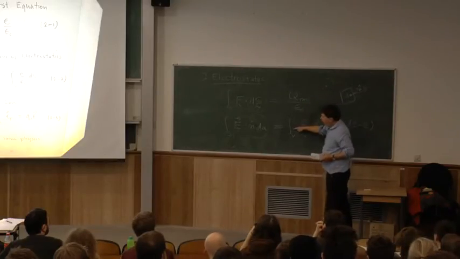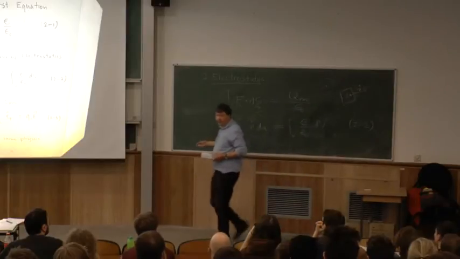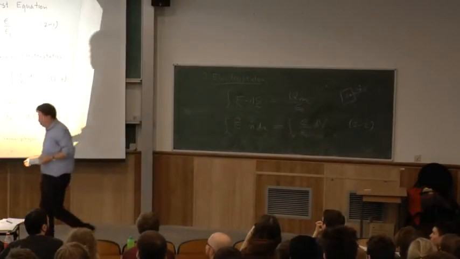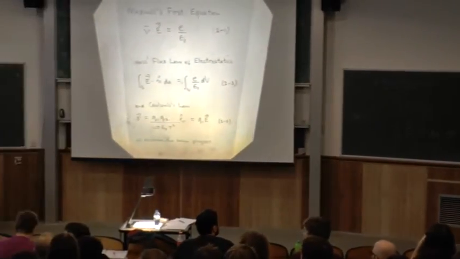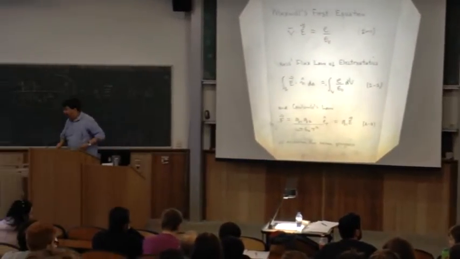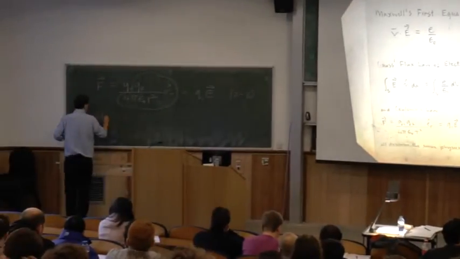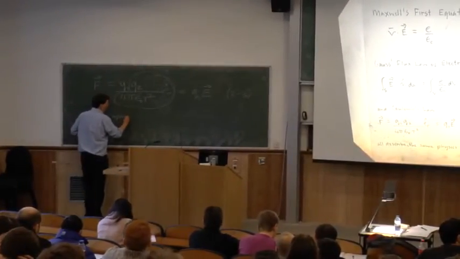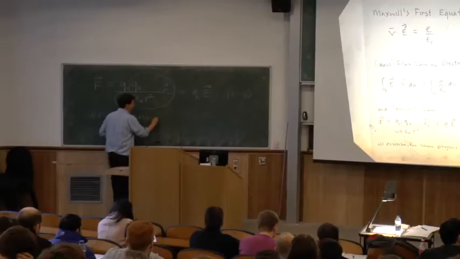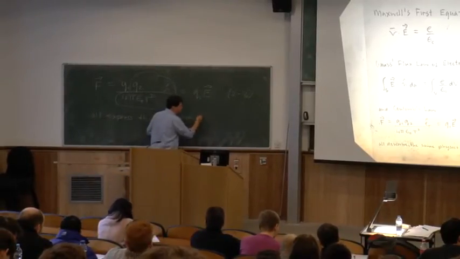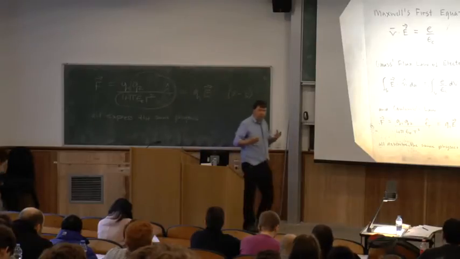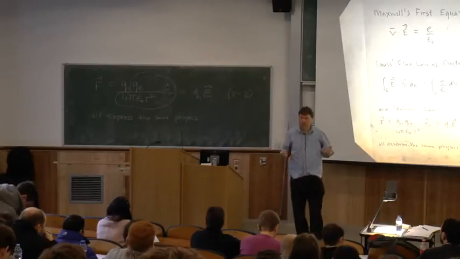So you've done this before, and also one of the things you've done before, but which I'd like to review, is that Coulomb's law and the Gauss flux law of electrostatics all express the same physics. There's nothing different in terms of the physical content of equations 2.1, 2.2 and 2.3.